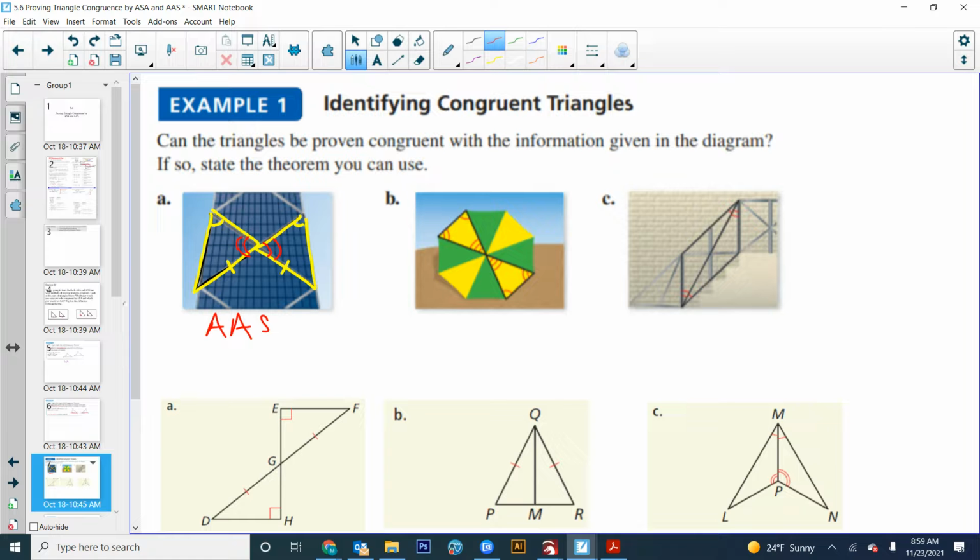Corresponding parts of congruent triangles are congruent. Alright, quiet. Now, here's the problem. Corresponding parts of congruent triangles are congruent. Now, here's the thing.